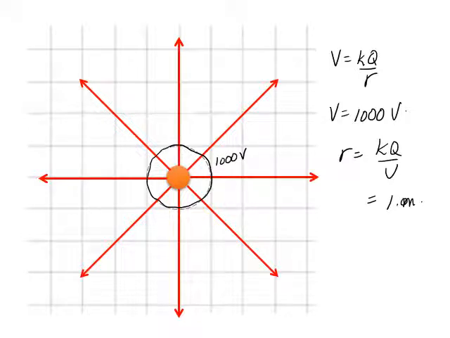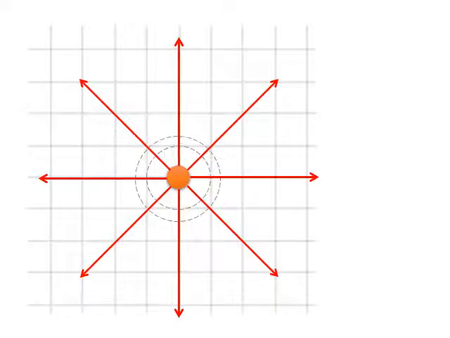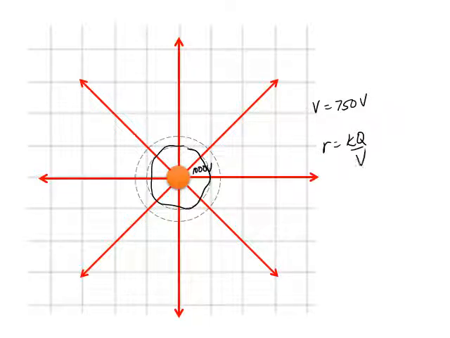My next line I'd like to draw, I'm going to say, is at 750 volts. So on the last slide, I had my 1,000 volt line. If I want my next potential to be at 750 volts, I will do R is KQ over V. K times Q divided by V is 1.33 meters.